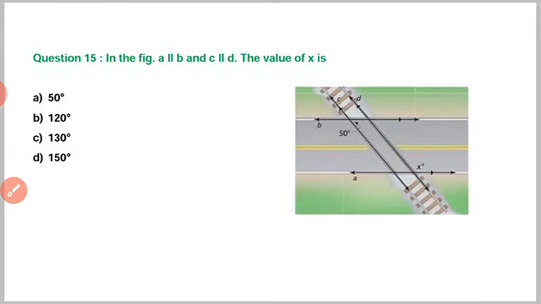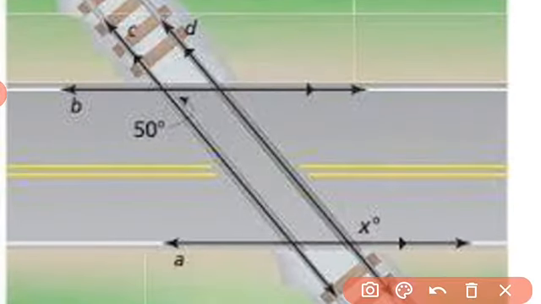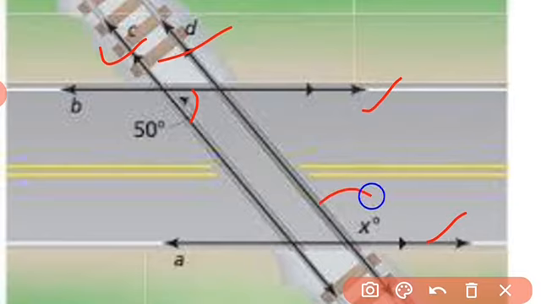In this figure, line A is parallel to line B. These two lines are parallel, and also C and D are parallel. We have been given this angle and we need to find this angle.